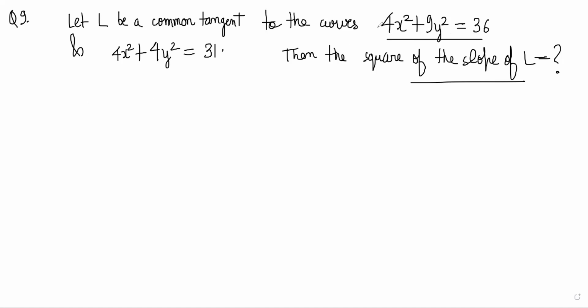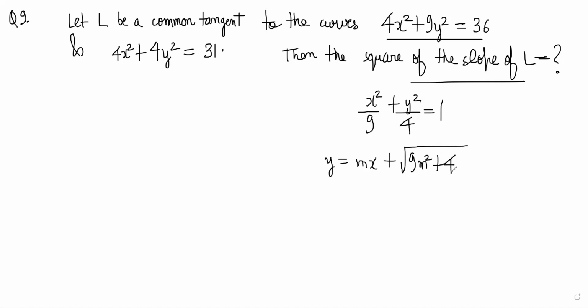So x square by 9 plus y square by 4 is equal to 1. Tangent would be y is equal to mx plus root over 9m square plus 4, right? And x square plus y square is equal to 31 by 4.